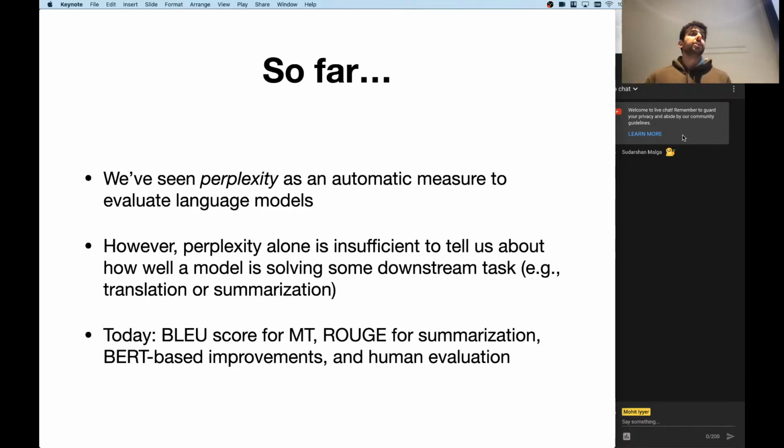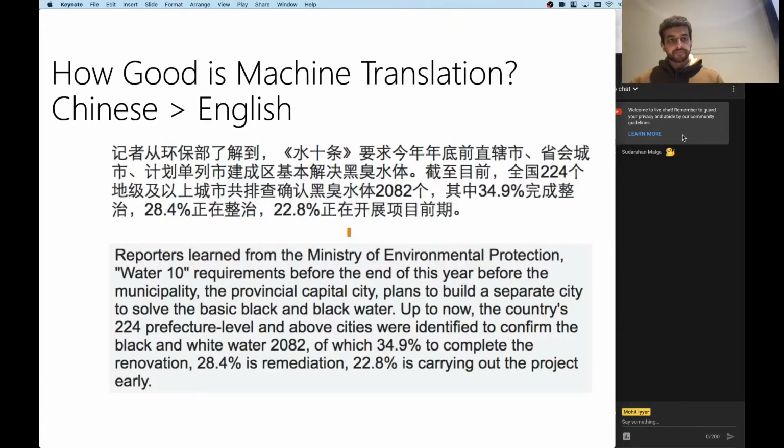Both of these metrics rely on word and phrase overlap between a system's generated output and a reference translation or summary. We'll talk about improving these evaluation metrics by using pre-trained language models. And finally, we'll talk about human evaluation, so actually having humans rate the outputs of these systems.